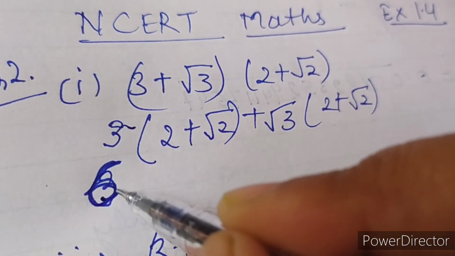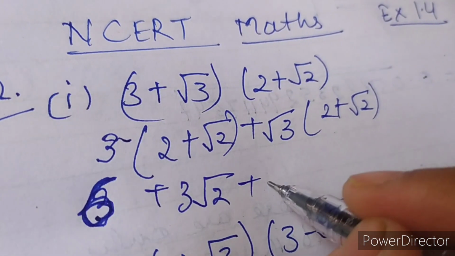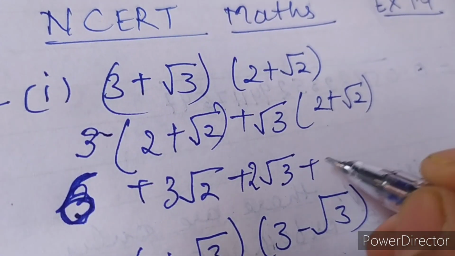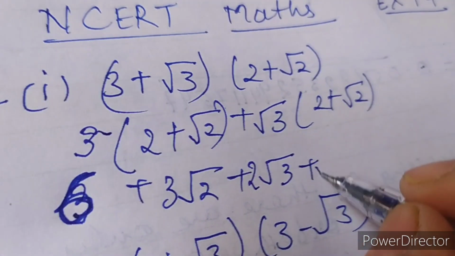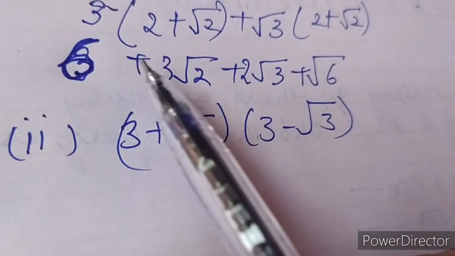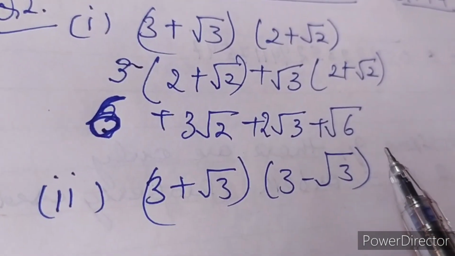You will get here 3 2s are 6 plus 3 under root 2 plus 2 under root 3, that is, plus under root 3 into under root 2 will give you under root 6. So there is no common factor and there is no common numbers that we can further simplify. So this is the answer of question number 2, first part.